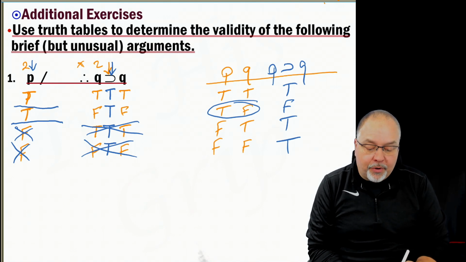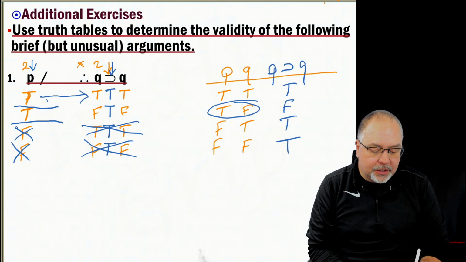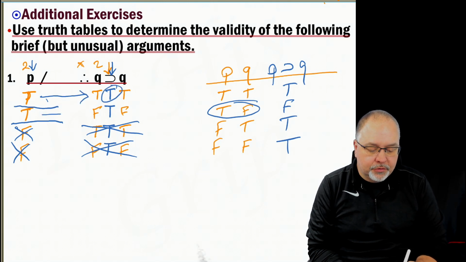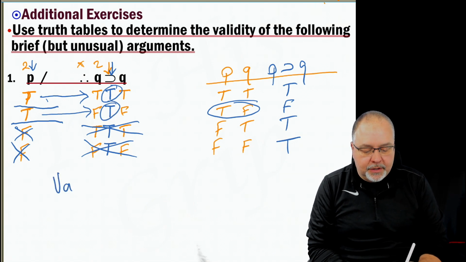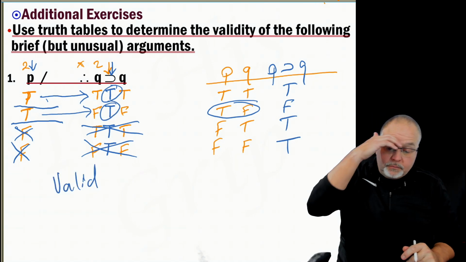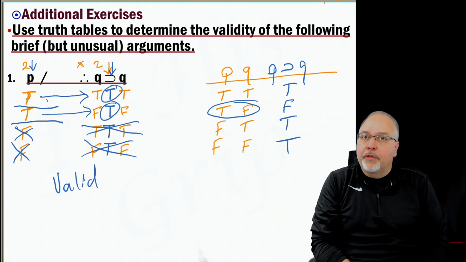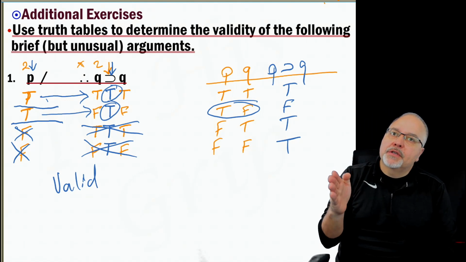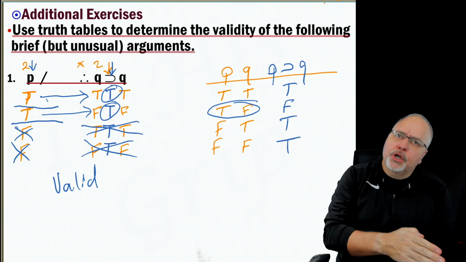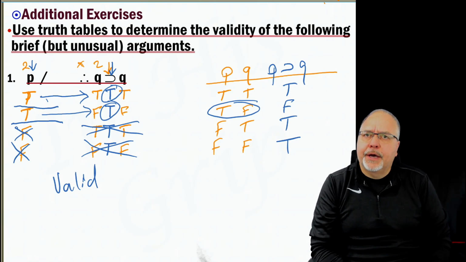When the premises are true, then I'm looking over here and I need to make sure I look at the blue, right? True, true. This argument is valid. Why? Because on all the lines where the premises are true, the conclusion is true.